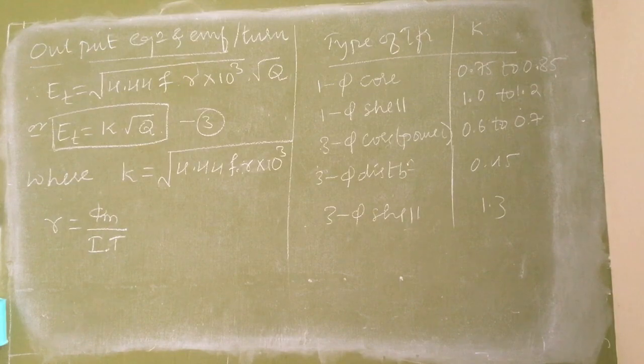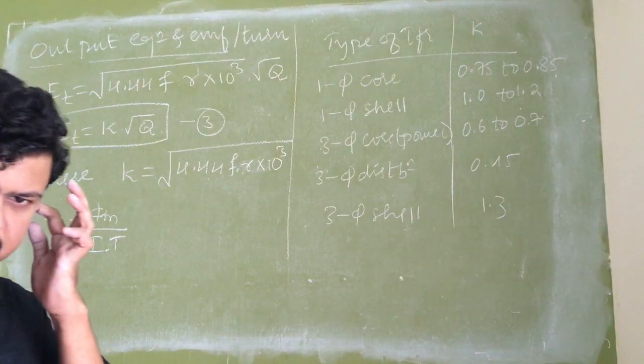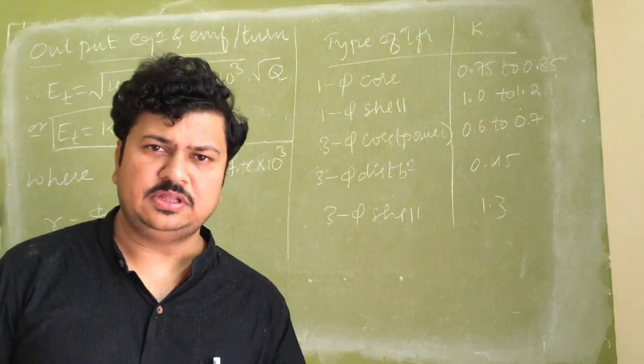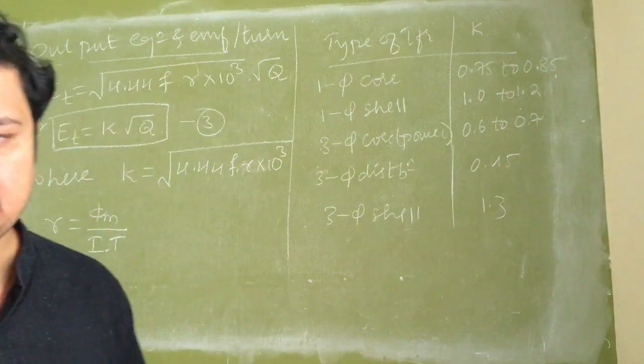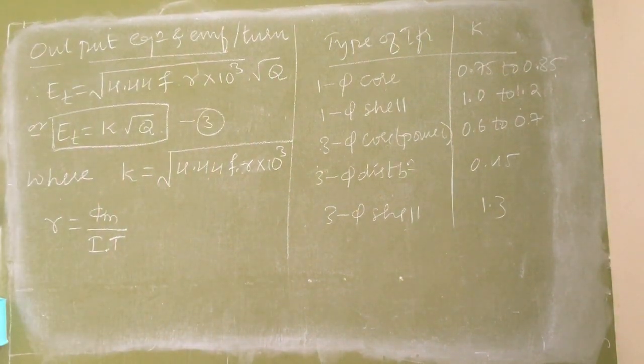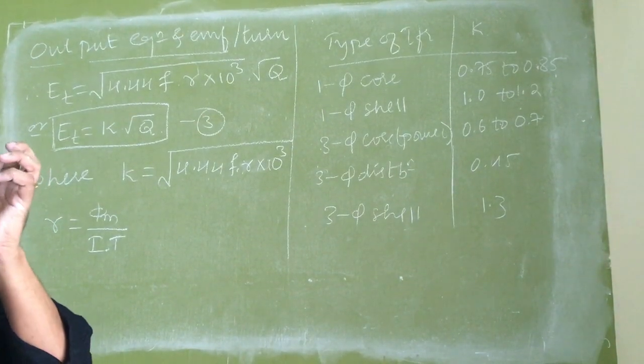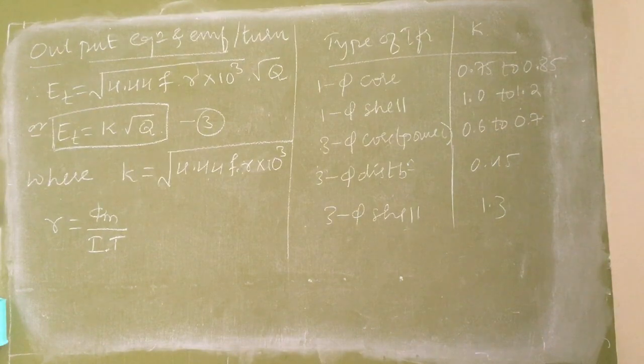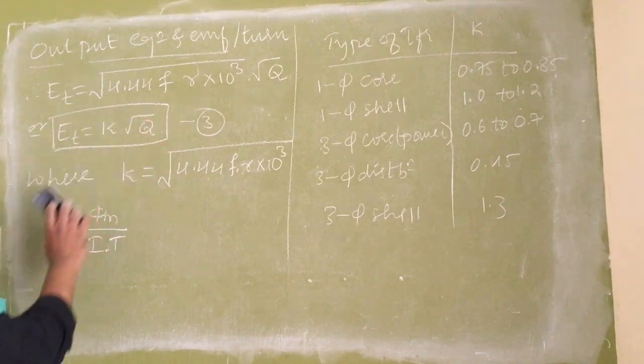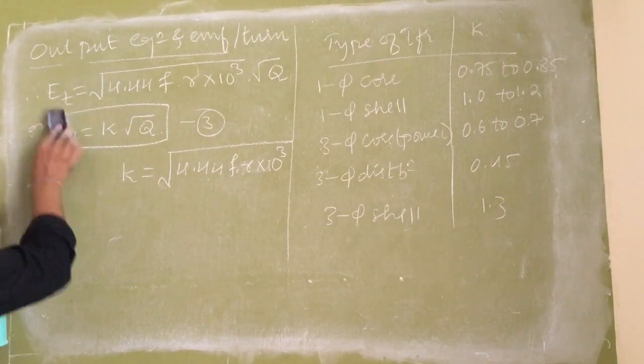In the next assignment list that I give, it will include this question. So keep it in mind, this is an assignment question. Next we will go to design of core.